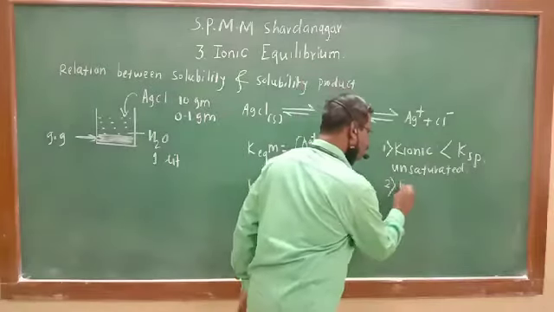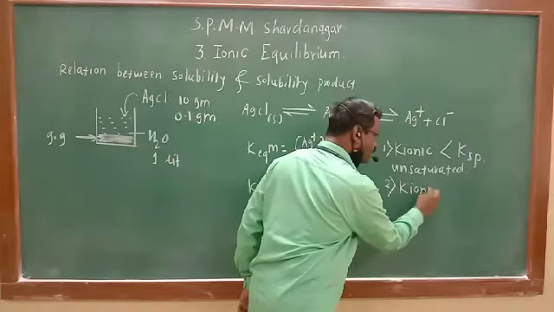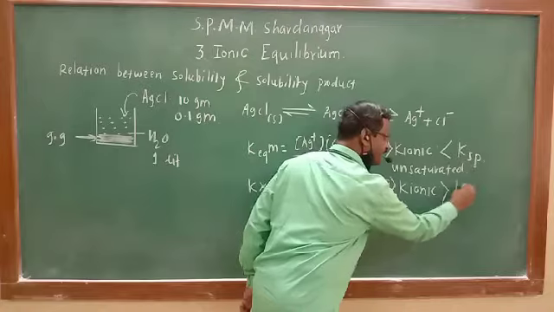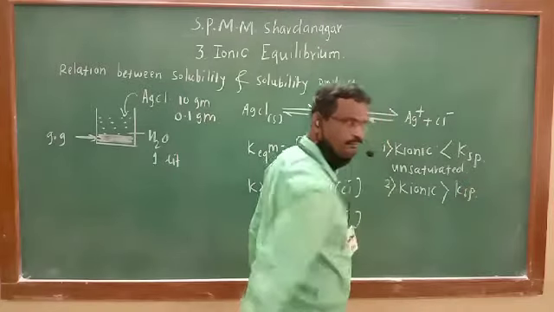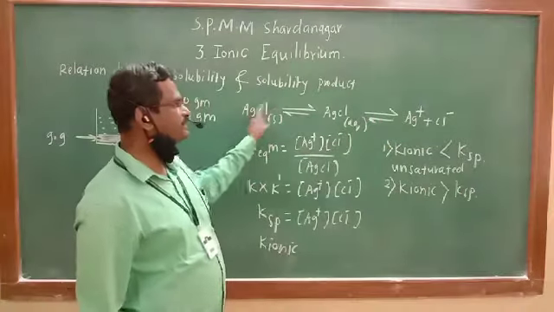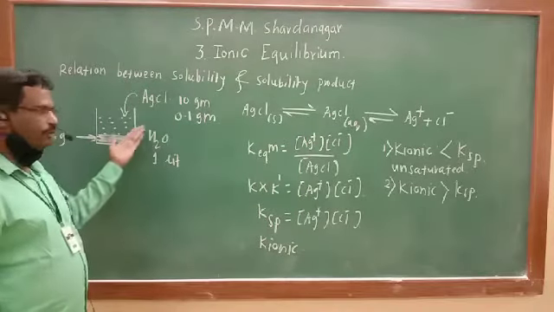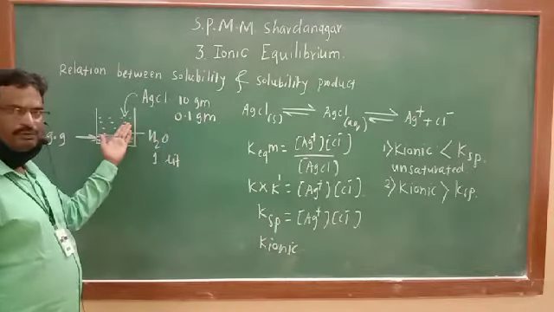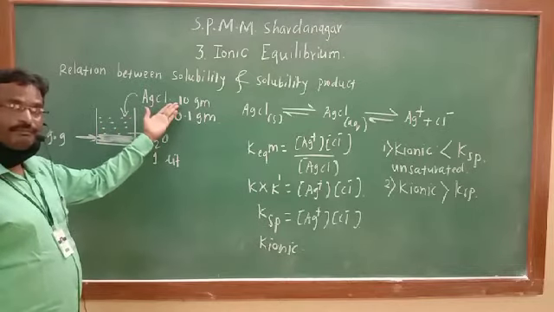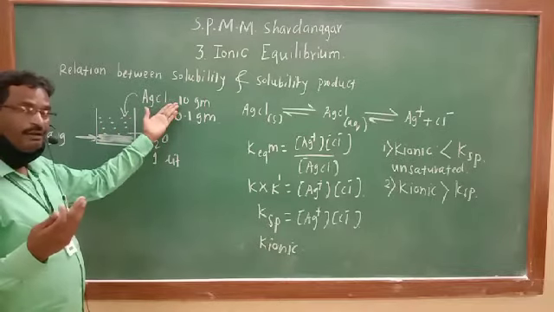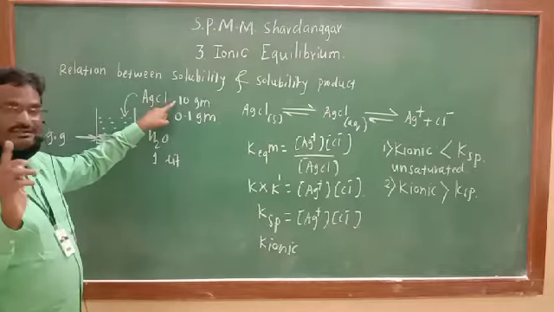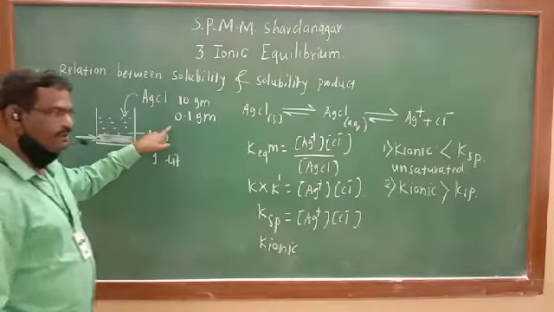Secondly, whenever K ionic is greater than KSP, solid concentration is greater than liquid concentration. In this case, liquid concentration is 0.1, solid we have taken is 10 gram. So what happened over here? The ionic product, solid concentration, is greater than the liquid concentration.